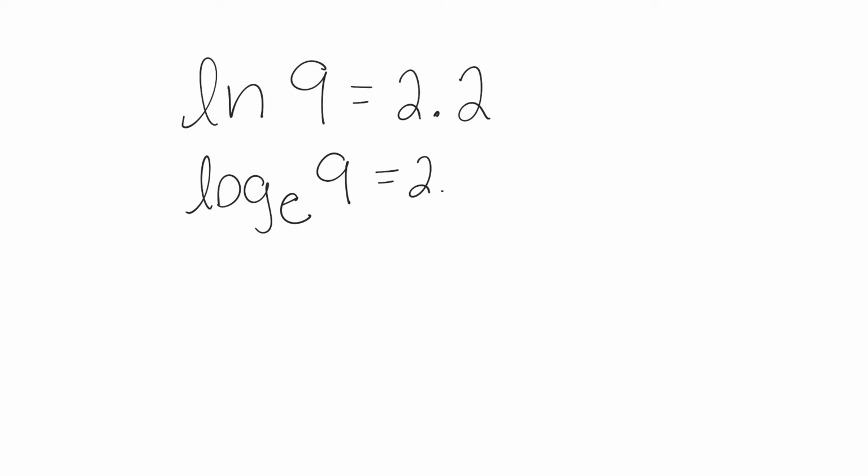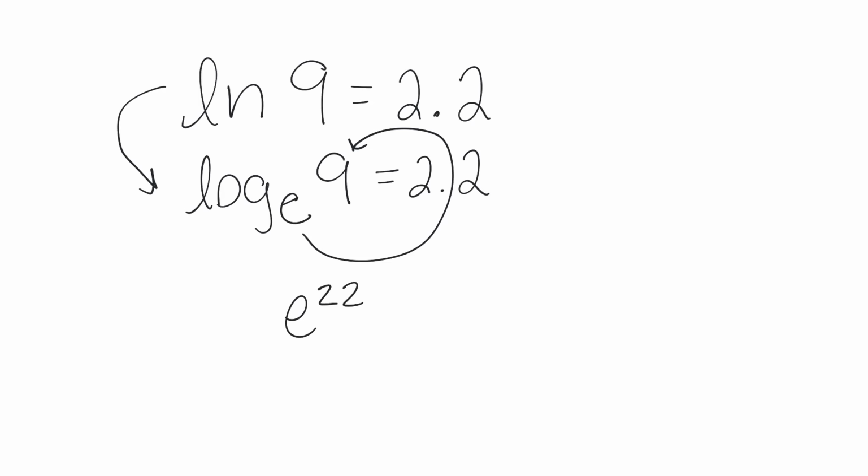What if we've got the natural log of 9 equals 2.2, and you're asked to convert this to exponential form? Same deal. Log base e of 9 equals 2.2. Once you've turned it into a log base e, you can convert to exponential and you get e to the 2.2 equals 9, right?